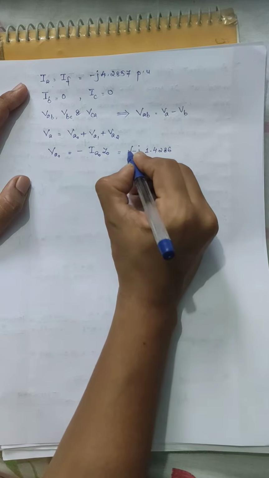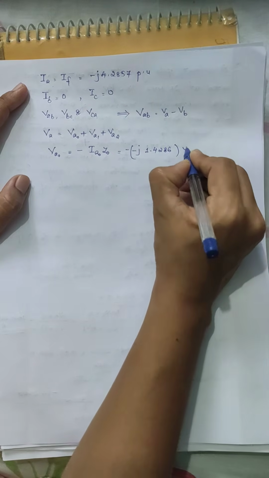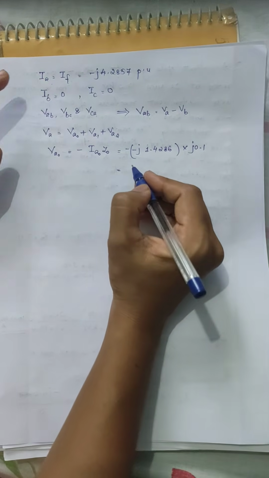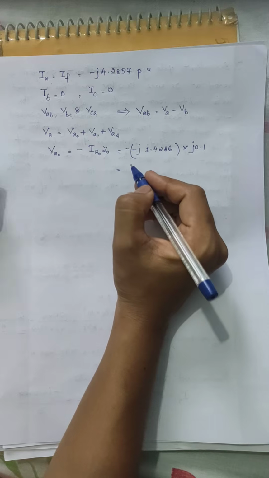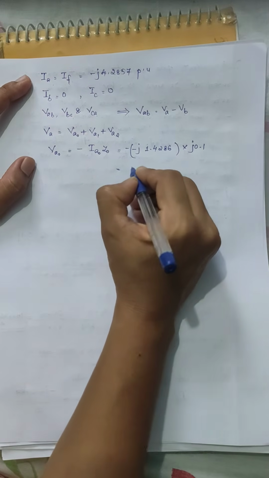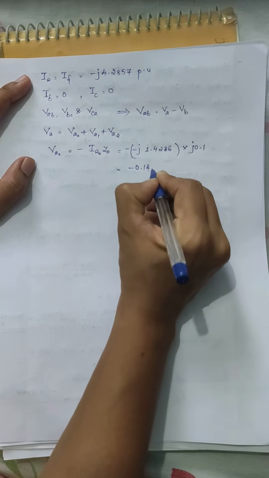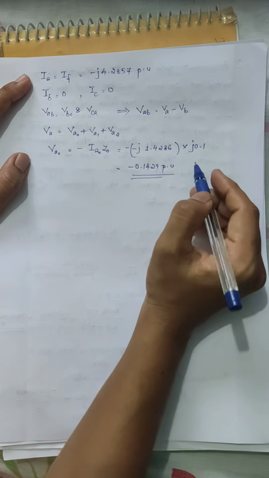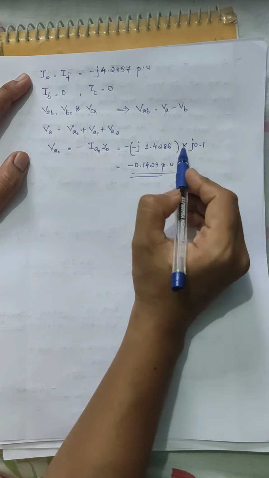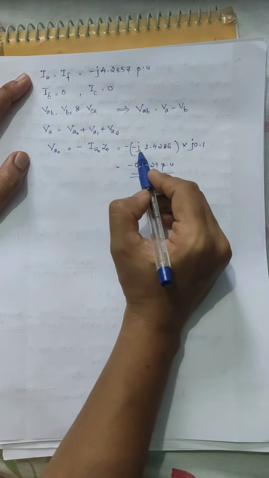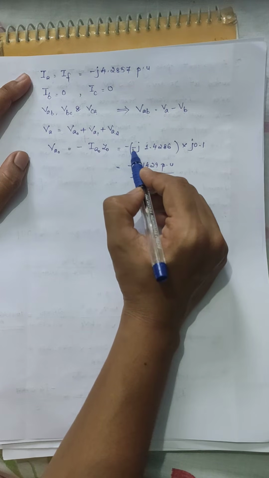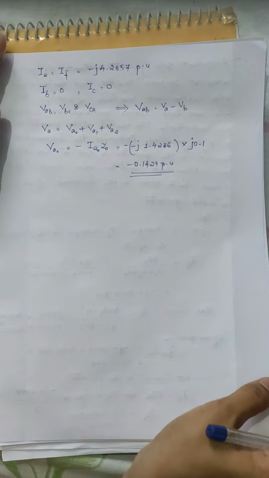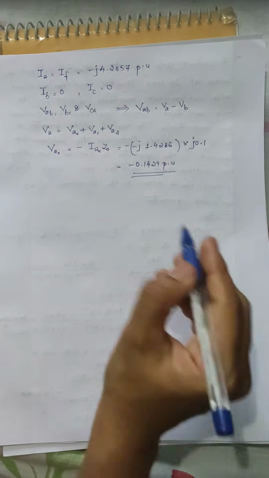So minus of this term into Z0, and Z0 is given as j 0.1. The answer will be minus 0.1429 per unit. Here j into j is j square, which is minus 1, minus into minus is plus, and again this minus will be here. So VA0 is minus 0.1429 per unit.